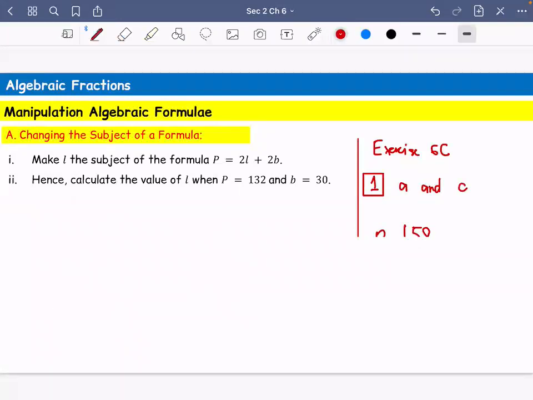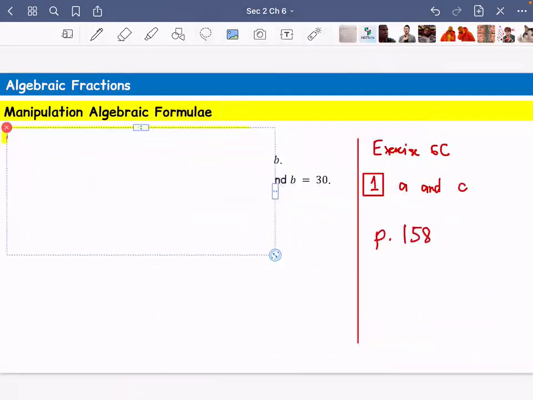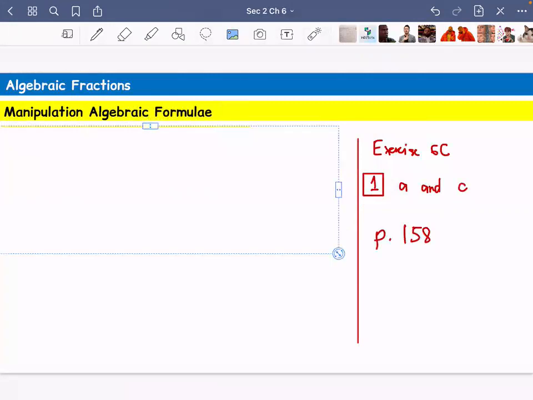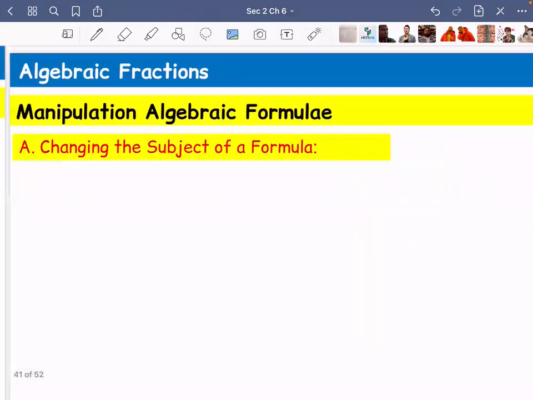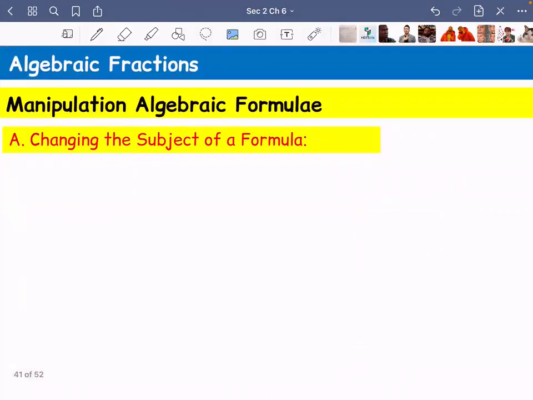Let's see if your answers are correct. Again, exercise 6C, number 1, A and C. Let's answer this now.